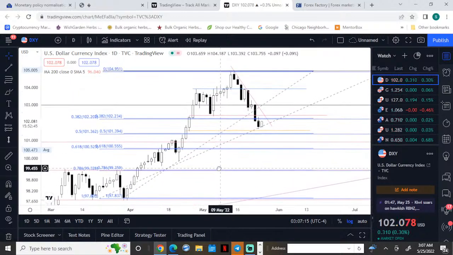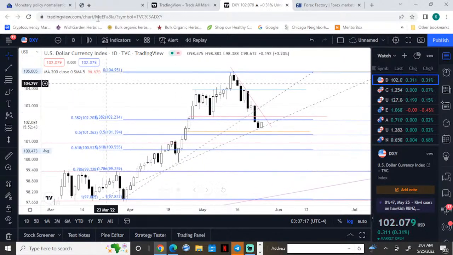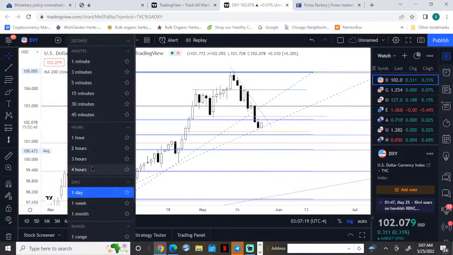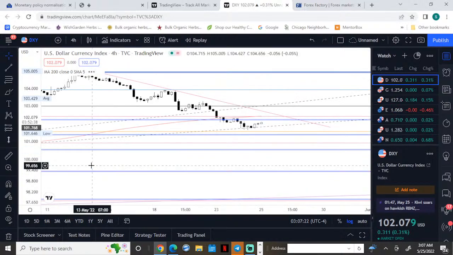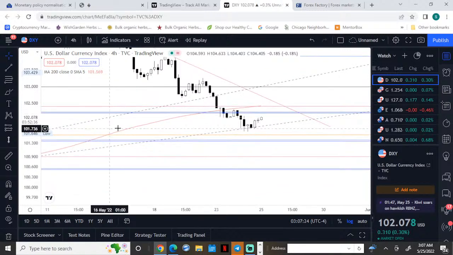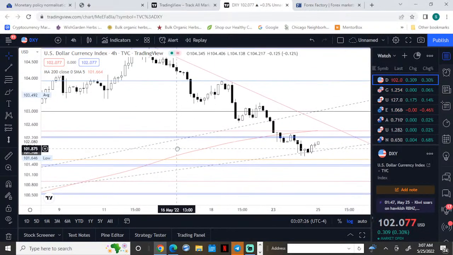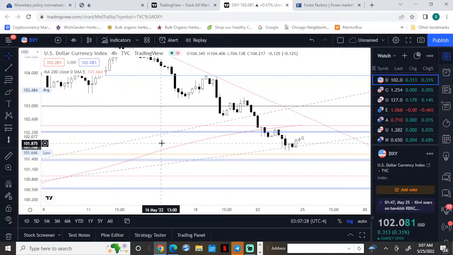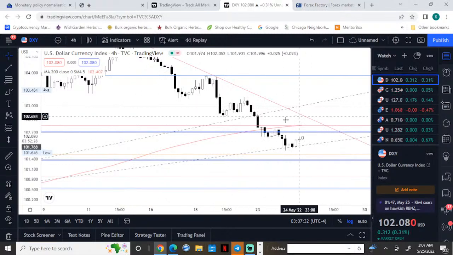But we are just watching and waiting. So right now, we know that the dollar is in a downtrend. So not really sure what we're going to do for today.